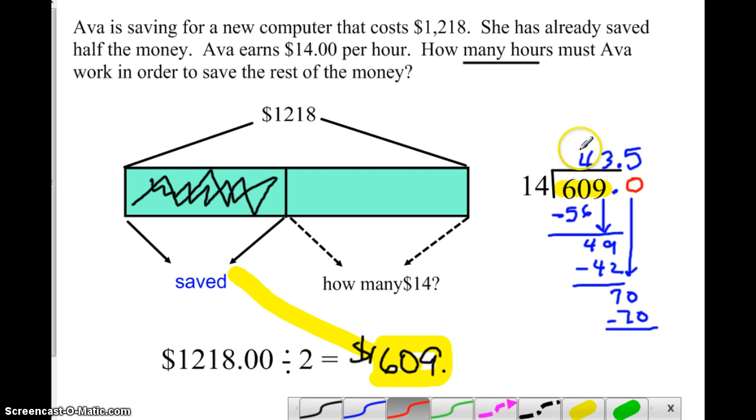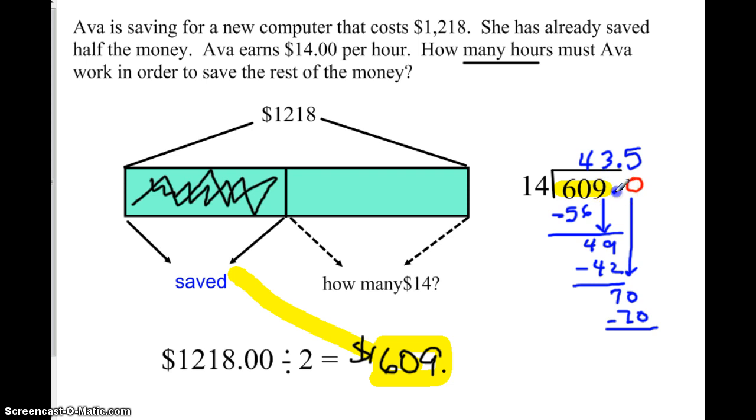Did you get 43 and 5/10? Because that's what you should have gotten. So you started with the whole number 609, and as you divided, you had a remainder of 7. We can't have remainders, so we need to add another 0 at the end. So we place our decimal point right up here, add our 0, and bring it down until we have 0 as the remainder.